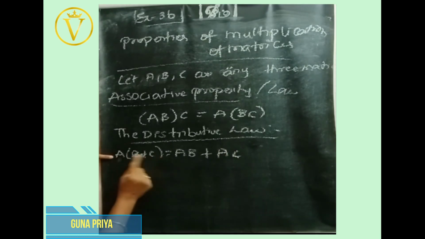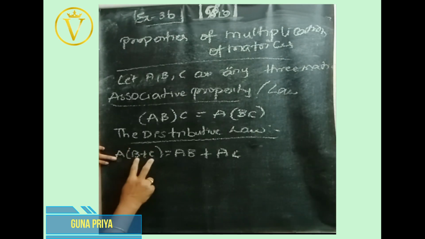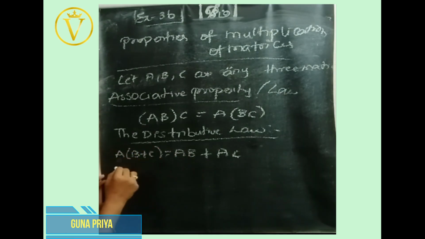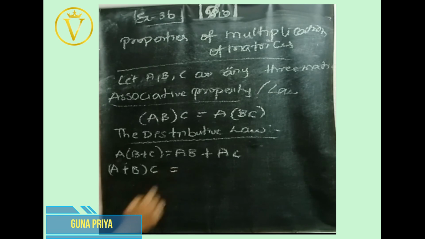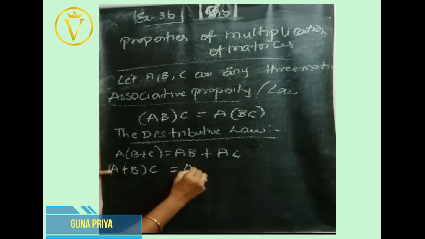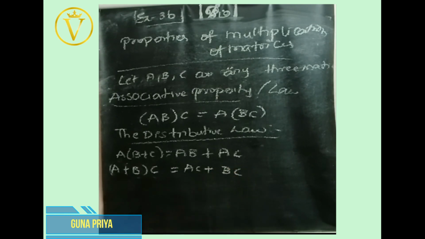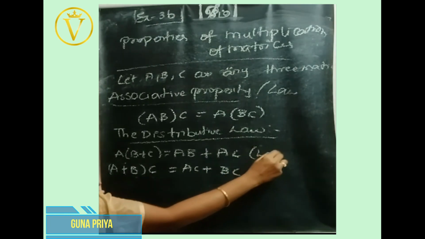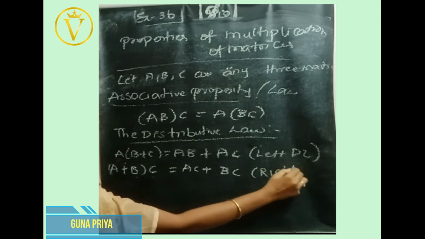Here the first matrix will be multiplied with both B and C. That is the left. Okay. Now the right: if A plus B into C, then the first term A is multiplied with C and B with C, giving AC plus BC. This is the right distributive law.